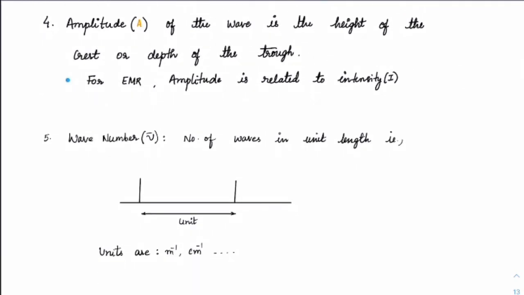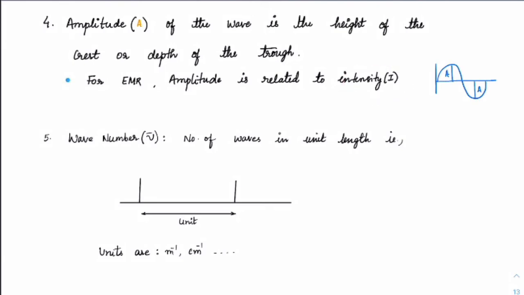Next important term is amplitude. Amplitude is the height of that crest or the depth of that trough. So when we are drawing a wave, this height in this direction is what we call the amplitude. Either that or this, both of these are amplitude. And when it comes to electromagnetic radiation, amplitude is always related to intensity.